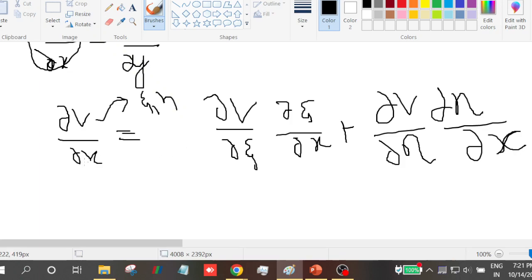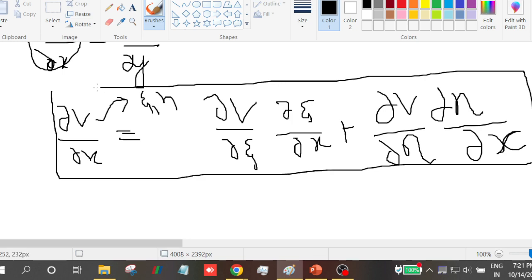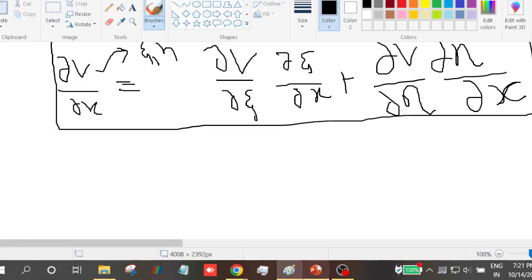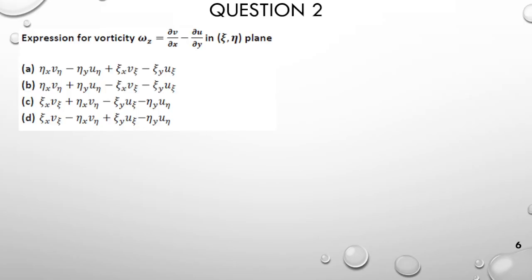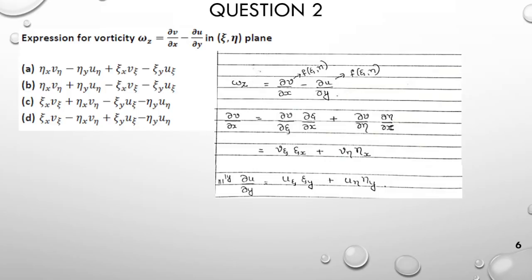So this is the way in which we write the dou v by dou x formula. From the physical plane we have mapped it into computational space. Similarly, we can write dou u by dou y in a similar fashion, which I have already written here. Dou u by dou y is dou u by dou zeta into dou zeta by dou y plus dou u by dou eta into dou eta by dou y.